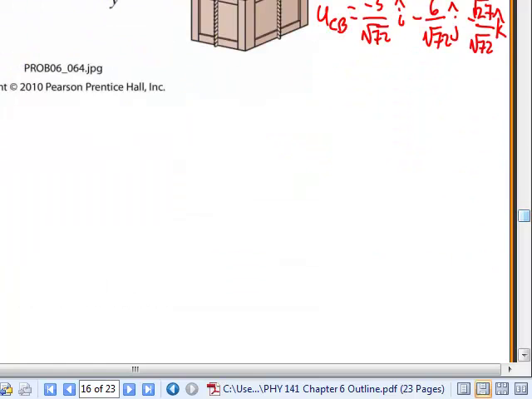All right, so now from our free body diagram, we can write our equations of equilibrium.